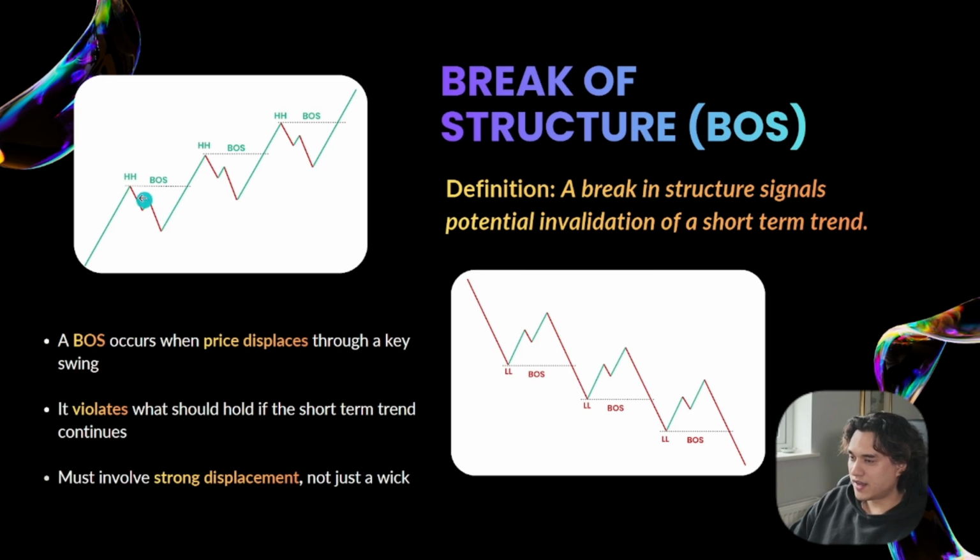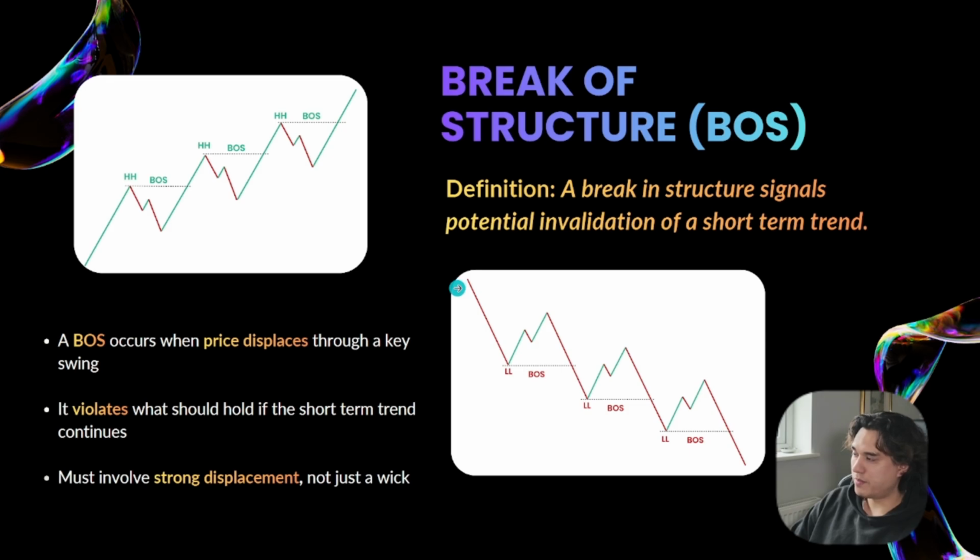And the key word here is the displacement that's occurring here. So in this break above this higher high, you need to have a displacement that continues that trend. So whenever you have a pullback, you break past the higher high and you have a displacement in that direction. Not just a quick wick, it has to be a displacement candle.